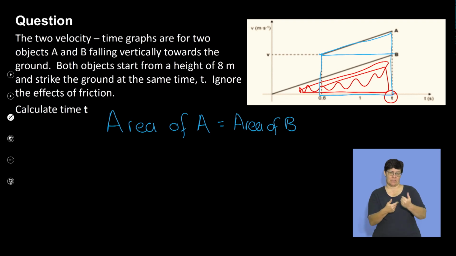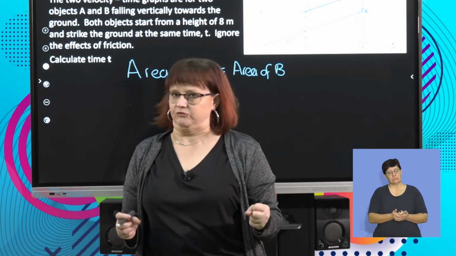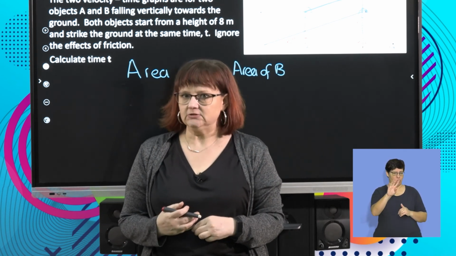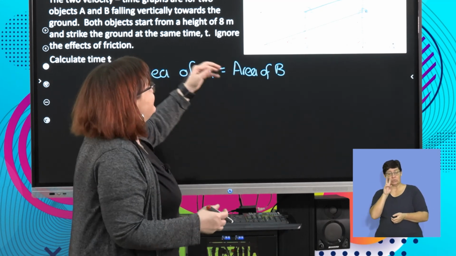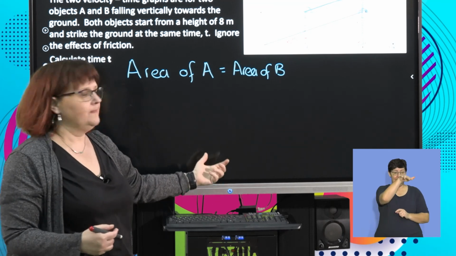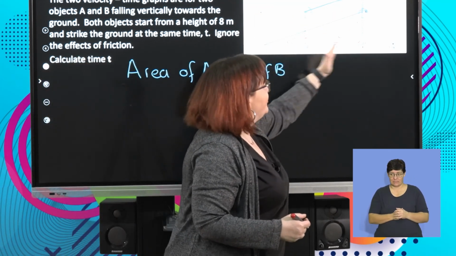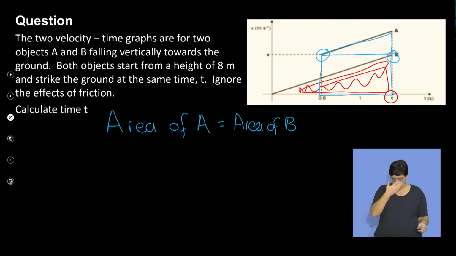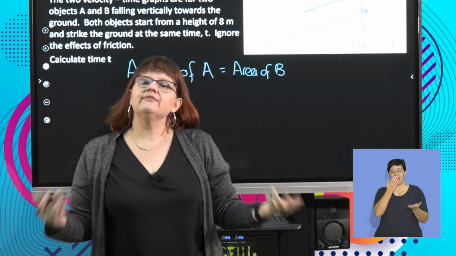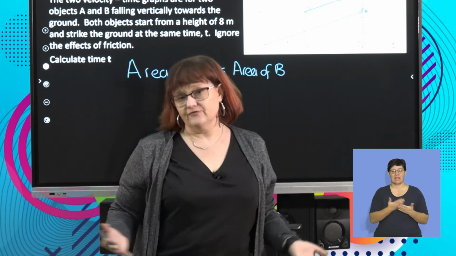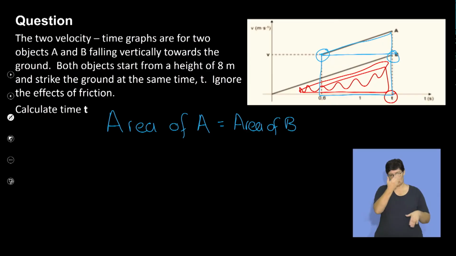What I do know is that B hits the ground with the same velocity as A. So this question, as it's given to you, becomes like a level 4 question. It's actually quite difficult. Simultaneous equations. But what I needed you to see here is that the areas are the same. So even though I've got a couple of unknowns, all right, I can still create 2 equations. And by doing that, I can get rid of 2 of my unknowns, okay?